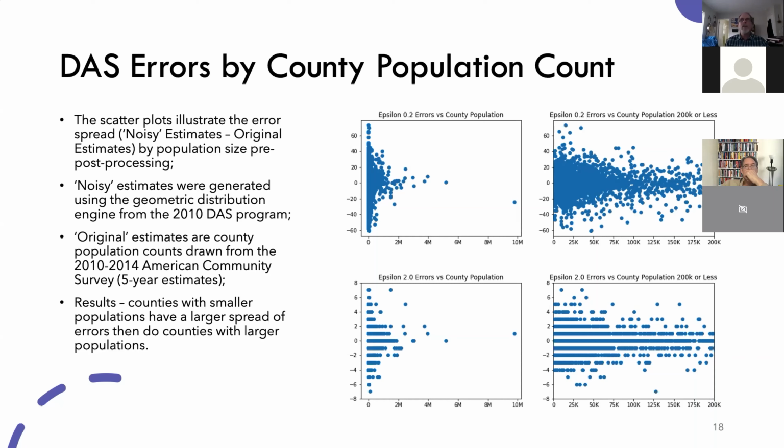What I found is pretty much along the lines of what other people found when they analyzed the resulting estimates released by the Census Bureau. Counties with smaller populations have a larger spread of errors than counties with larger populations. When you look at the graphs on the right side of the slide, this distribution takes almost an inverted cone shape, where as the populations increase, the errors become smaller and smaller.